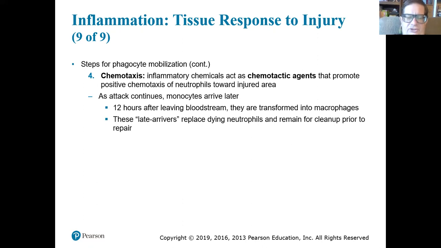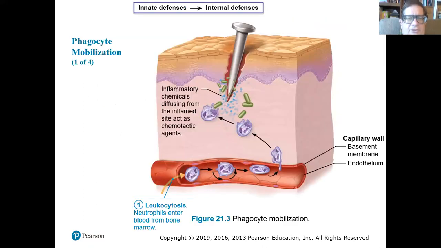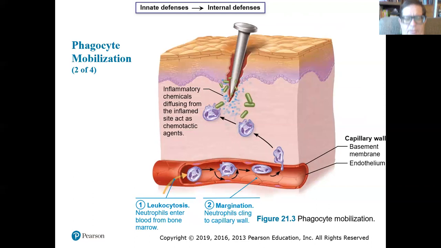So here we have an injury, and we've got some bacteria invading the tissues. Let's go through step by step. Leukocytosis, we deliver our white blood cells to the area. Margination, the margin, the edge of the capillary gets sticky, so the white blood cells are sticking to it.